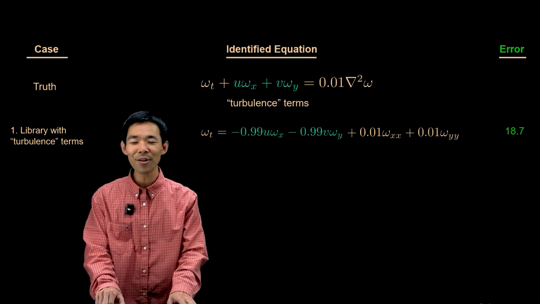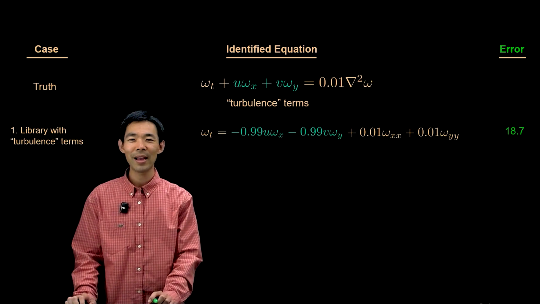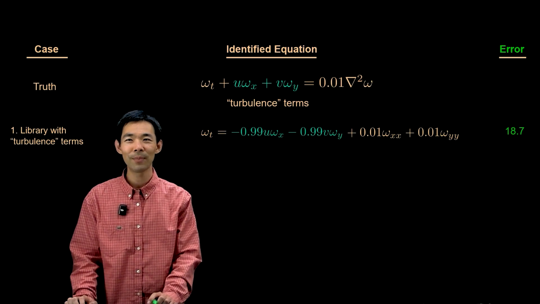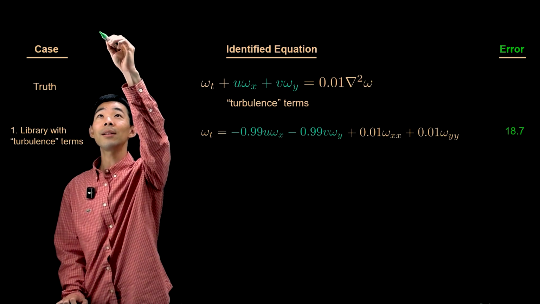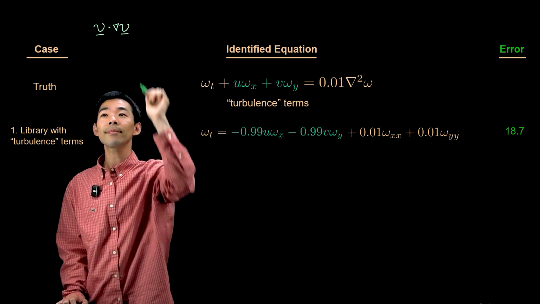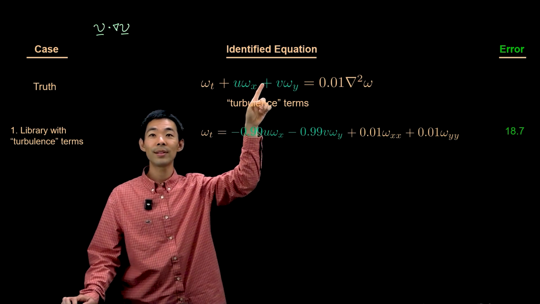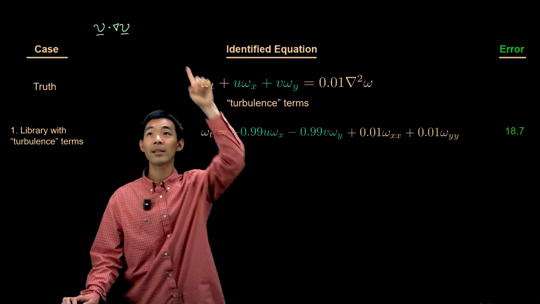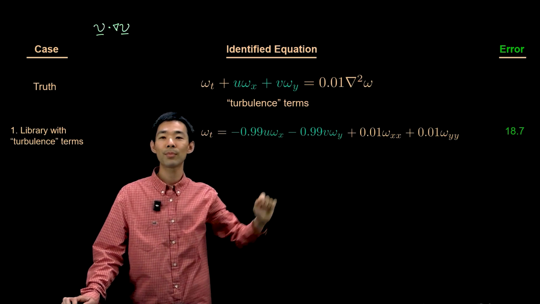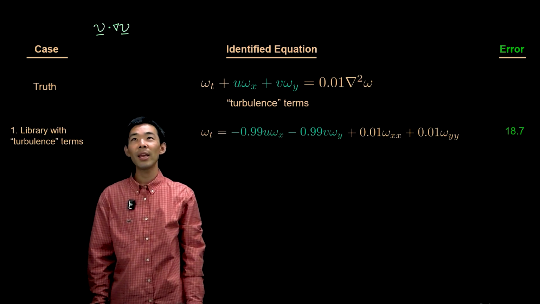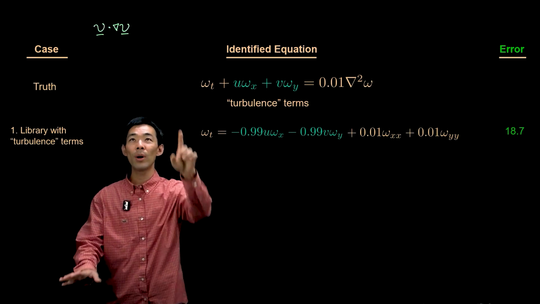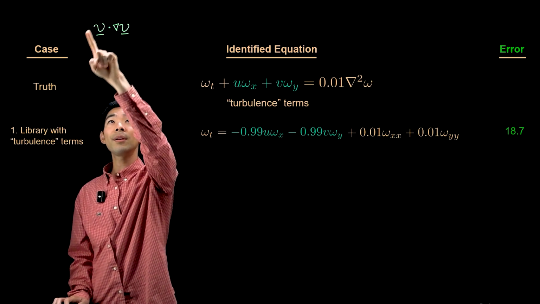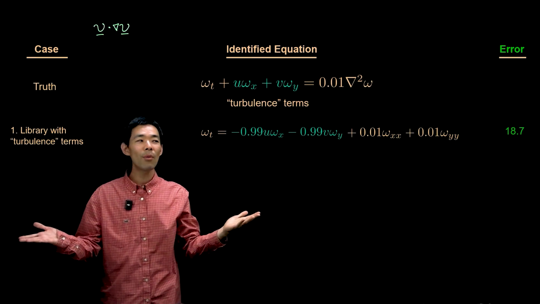There are entire classes on fluid mechanics that study the turbulence term. And that turbulence term, again, looks like this. And that's the term that you see in cyan here and here. When you take the curl, you're going to get these two terms present. And I wondered, if the library was missing this term, what would it do?